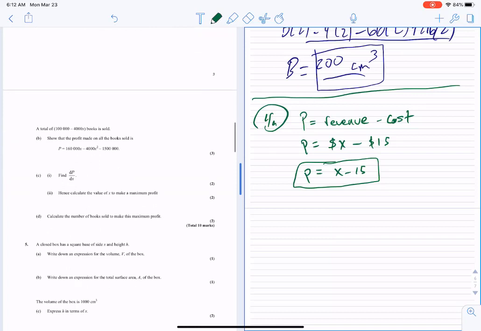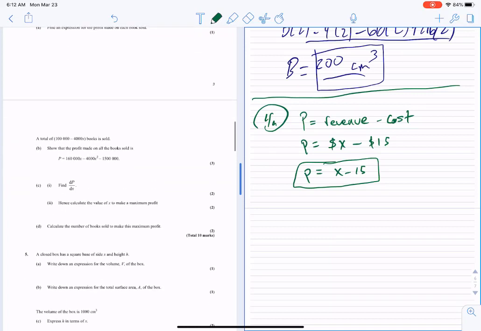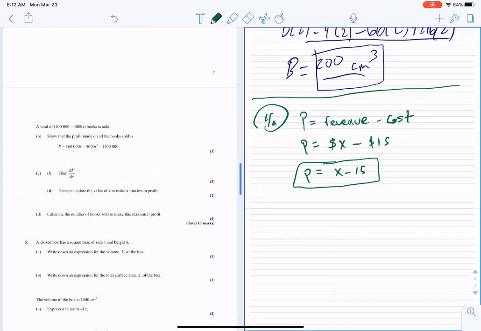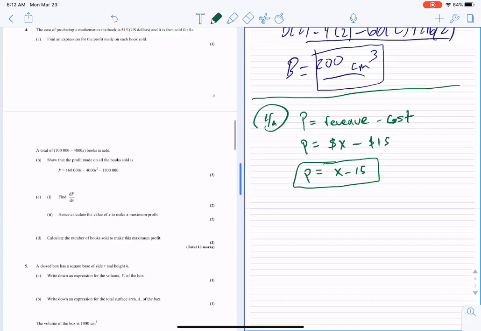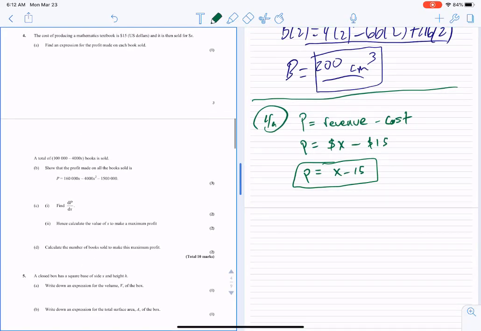Okay. On the next question, it says a total of 100,000 minus 4,000x books are sold. We're looking at this part right here. Show that the profit made by these books is equal to that. Okie doke. So that's how many books are sold. My profit, that's the profit for a single book, is what I have here.